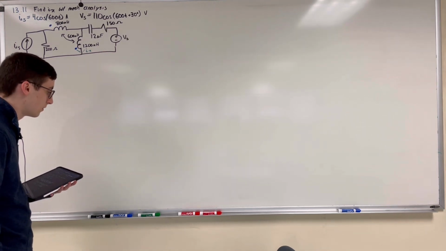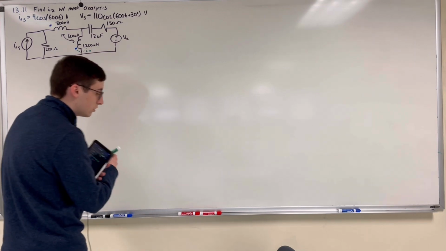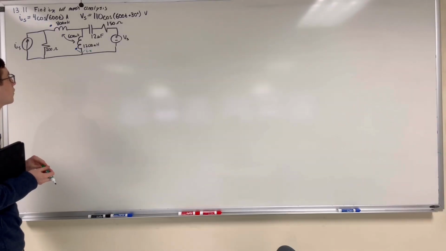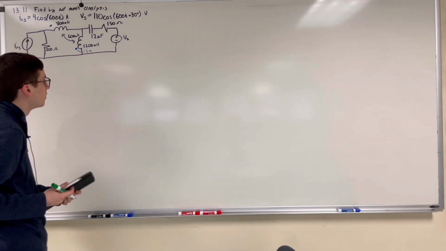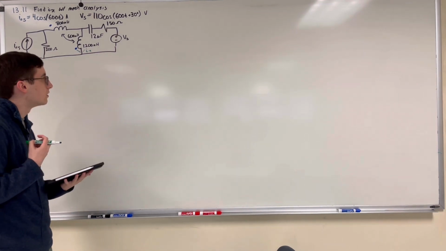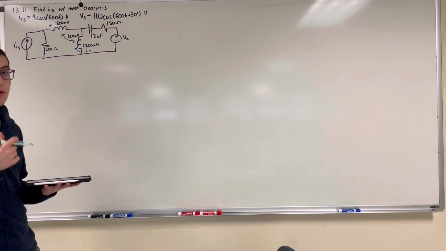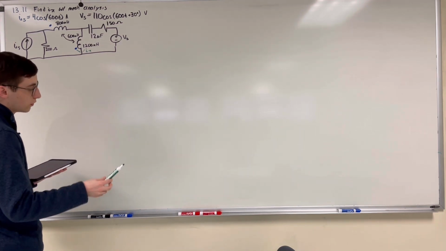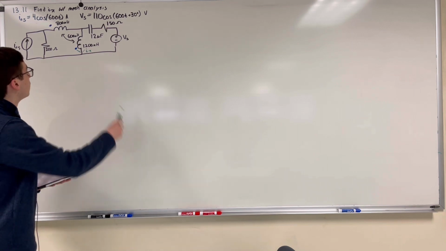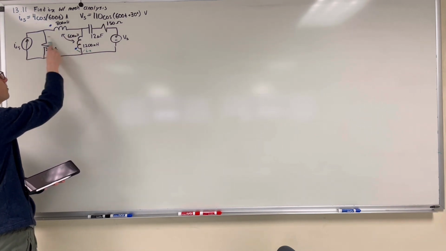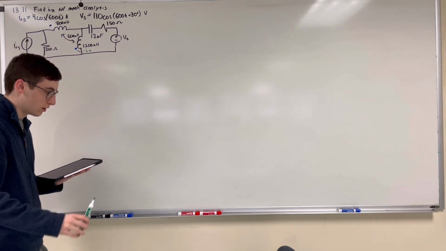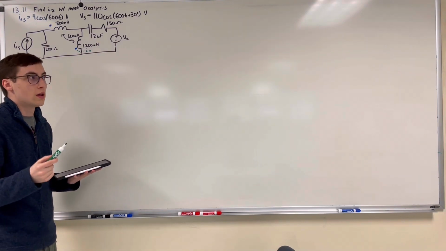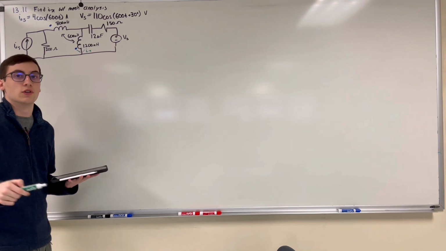So everyone's going to hate this, but we're going to need to introduce a dependent source into here. But before we do that, I want to first assign a current flowing through this component right here of this inductor, because with that, we'll be able to tell what type of dot convention we want.